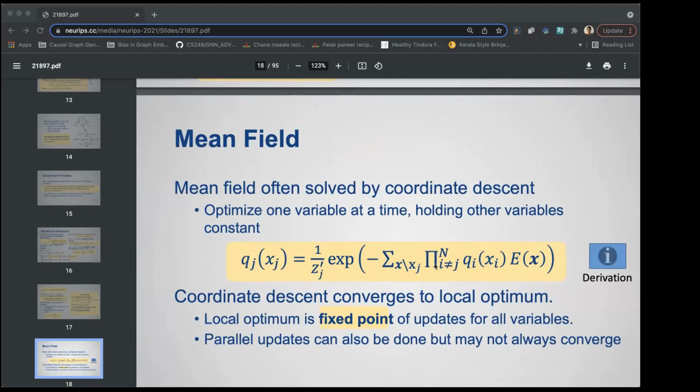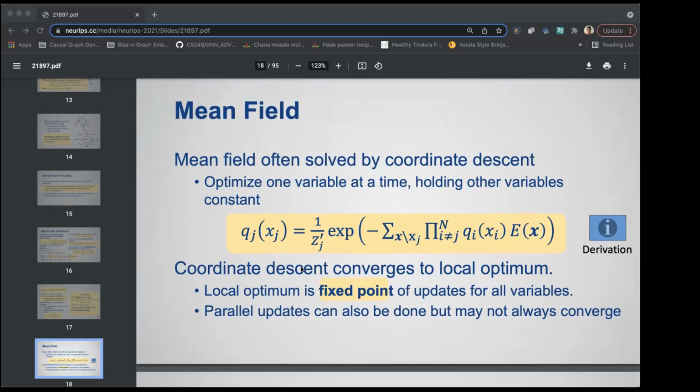We're taking the negative sum over the product of the individual random variables times the energy, and then dividing by this partition. And so if we hold x constant and find the x that minimizes it while taking all the other possible instantiations of the other random variables, we'll find that this coordinate descent converges to a local optimum. And this local optimum is a fixed point of updates for all variables.